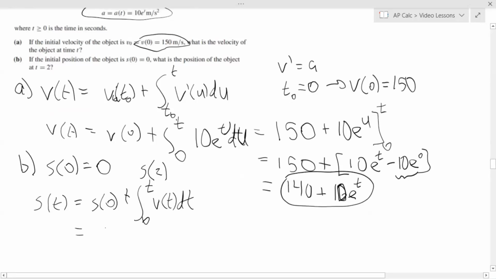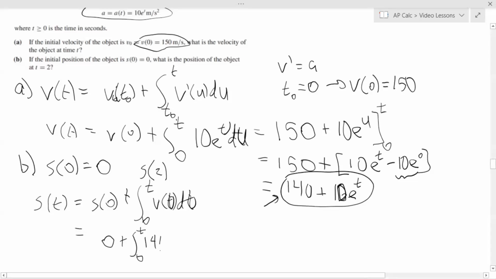So s of 0 is 0. We're going to use u here because the velocity function itself is in terms of t. So we're going to use that answer from the previous step.